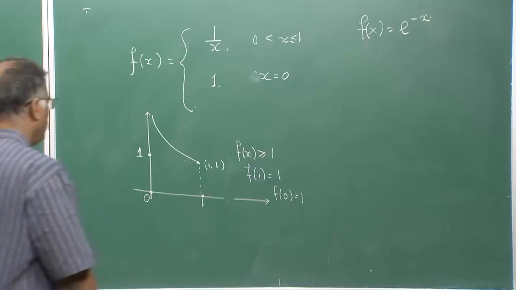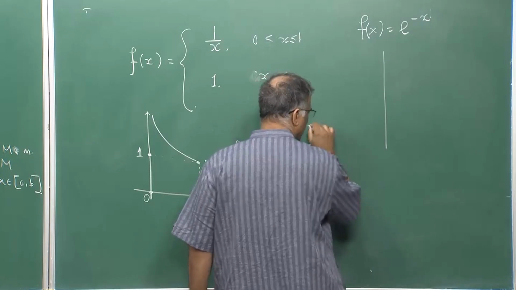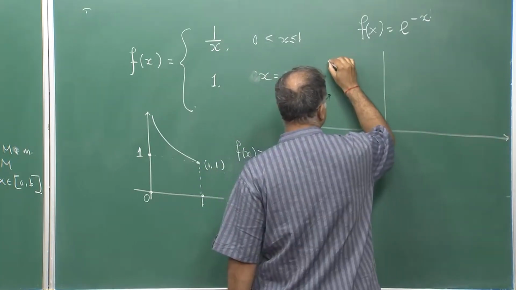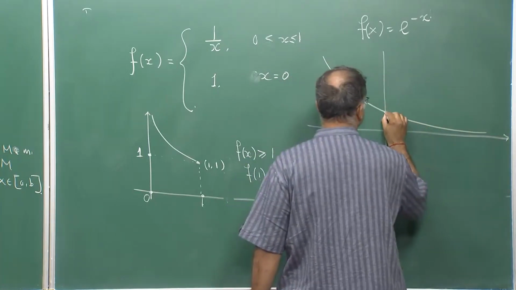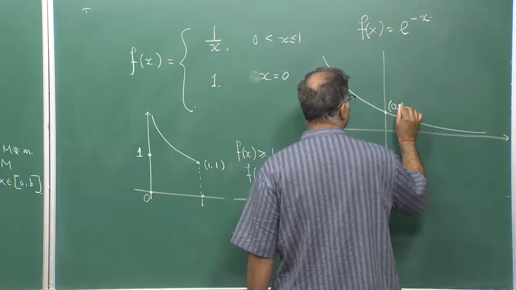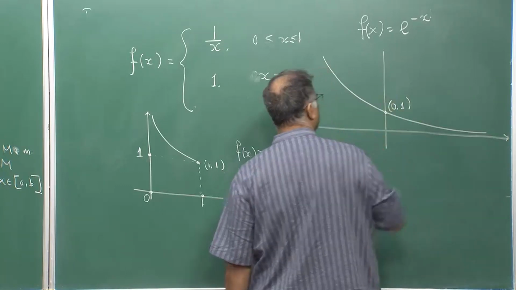e to the power 0 is 1, so if you want to write this thing, then it is like this. So, when you put 0, the functional value is 1.